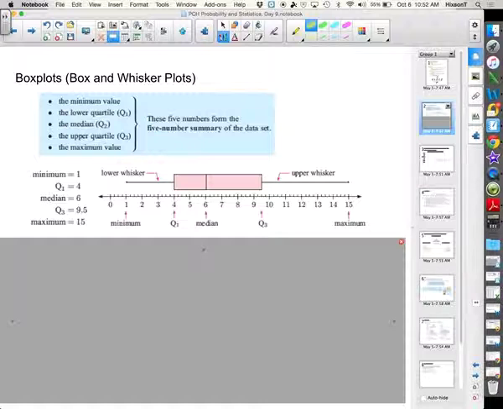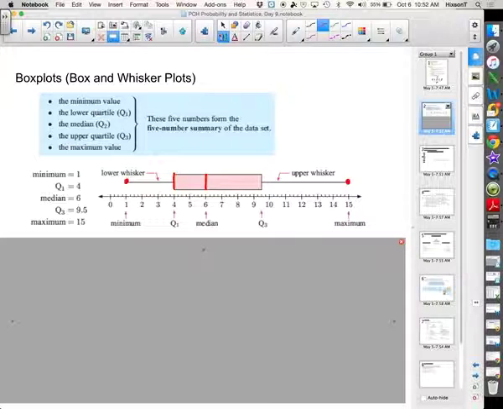But if I were drawing this and I had my 5-number summary already figured out, the first thing I would do is plot my minimum value and my maximum value as points. Okay? The lowest and highest points. The other 3 numbers I would put above my number line as just vertical bars. Okay?